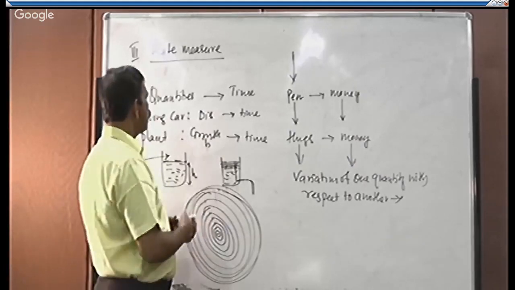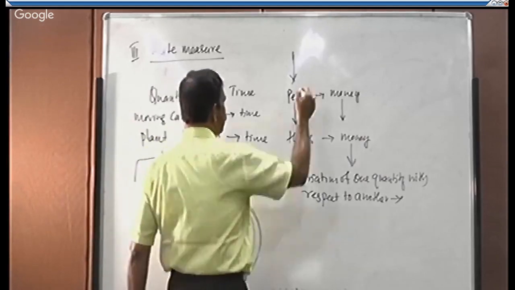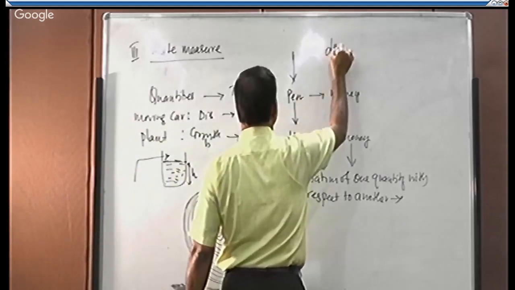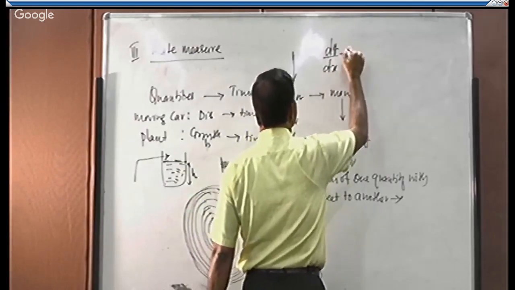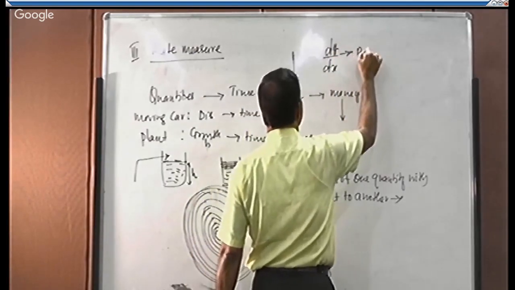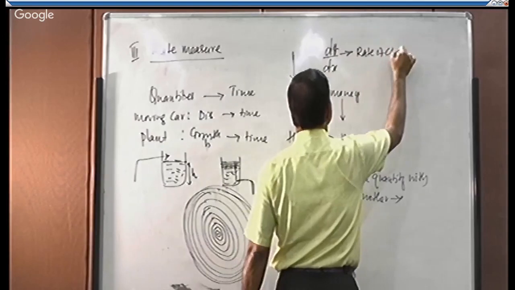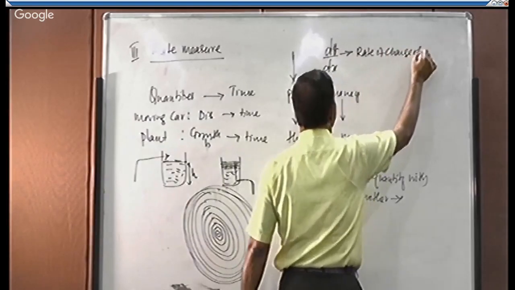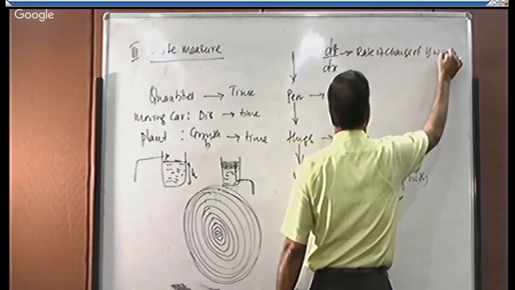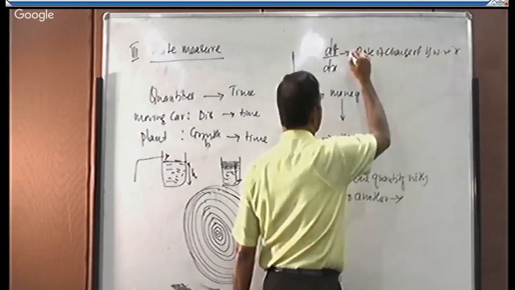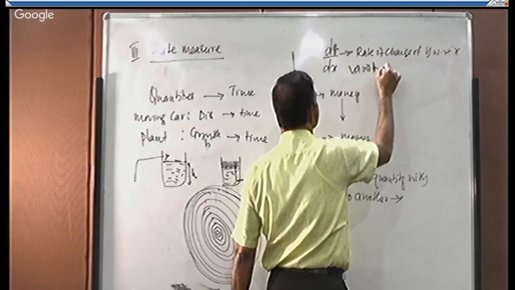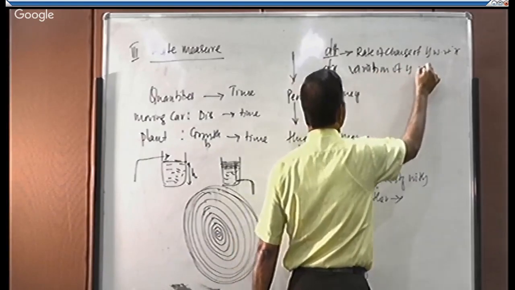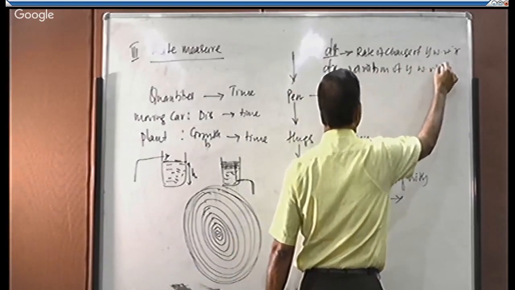In differentiation, we always use dy by dx. dy by dx means what? It is the rate of change of y with respect to x. Otherwise, it is said to be the variation of y with respect to x.